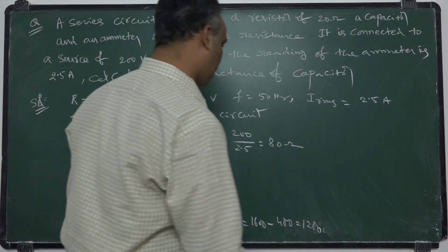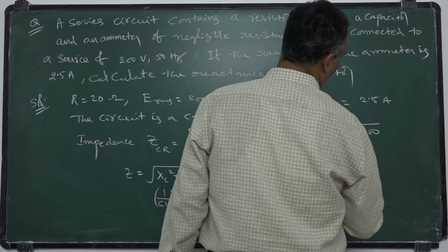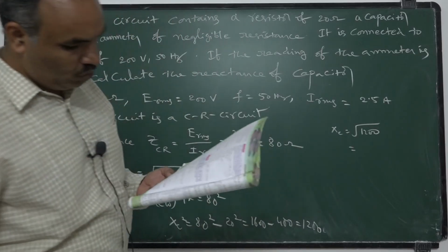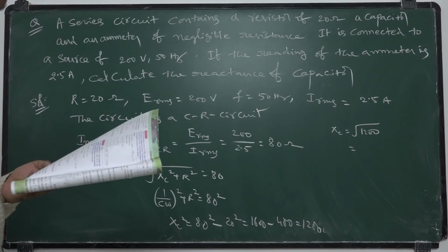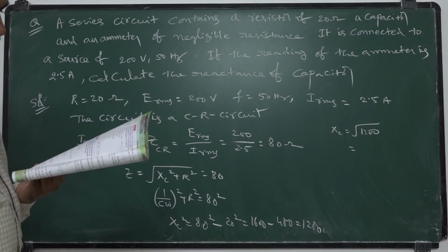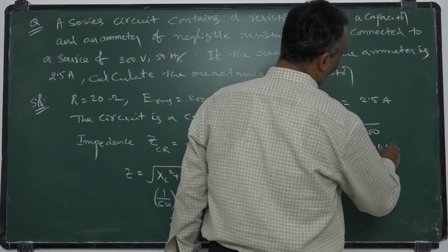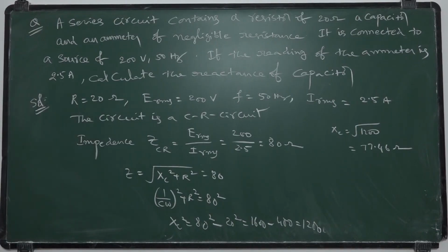So XC is equal to root 1200. You can write it as 77.46 ohms. This is the solution for the given question.